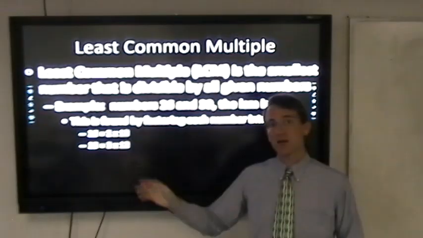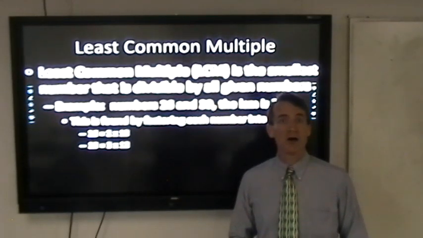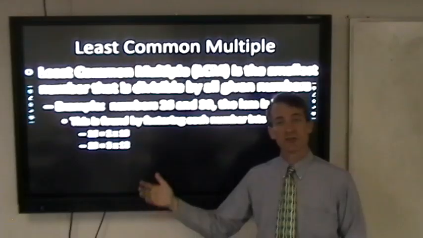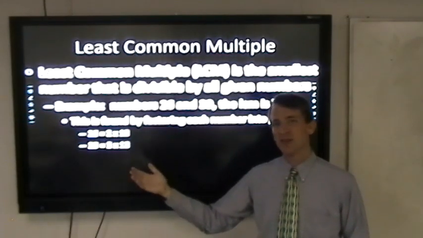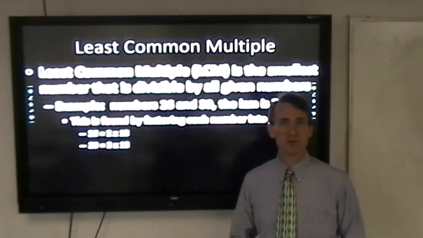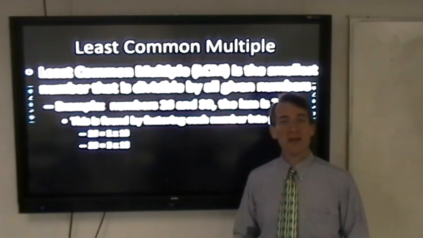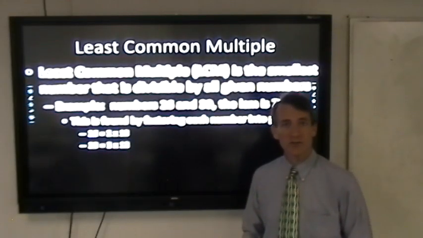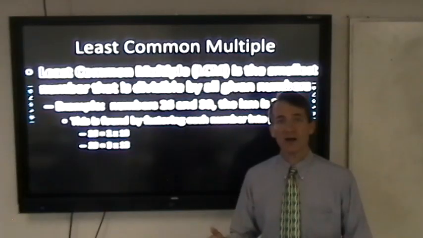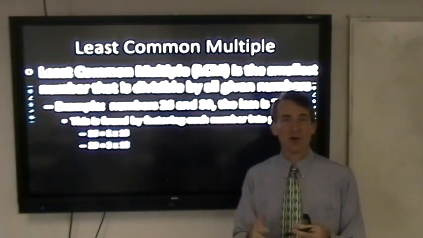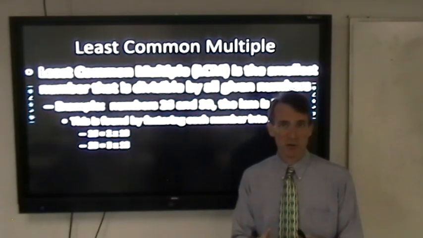Now, finding the least common multiple, we're going to go about things a little bit differently. We start out by prime factoring, but that's really where the commonality between greatest common factor and least common multiple ends. What we now have to do is find out all possible factors that go into my number.